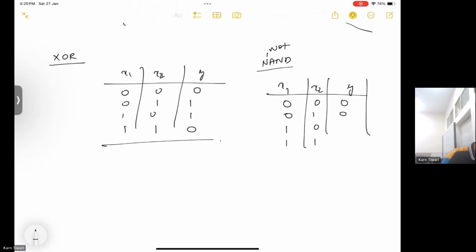This is the normal AND gate, which you are already familiar with. For the NAND gate, just flip the decision, so it will be 1, 1, 1, 0. It's a NOT gate plus an AND gate, and that's what we call NAND.